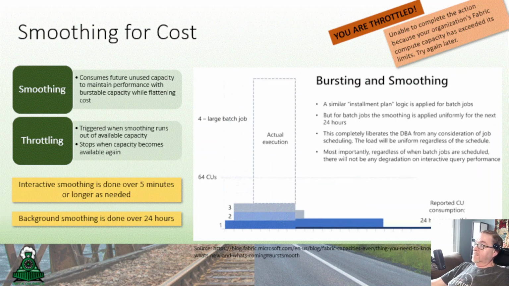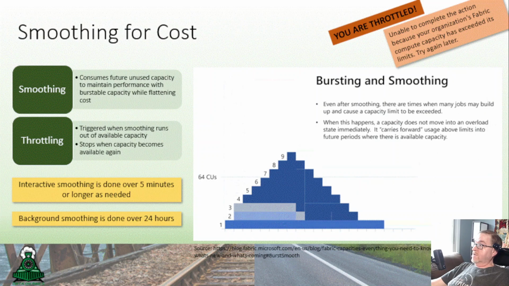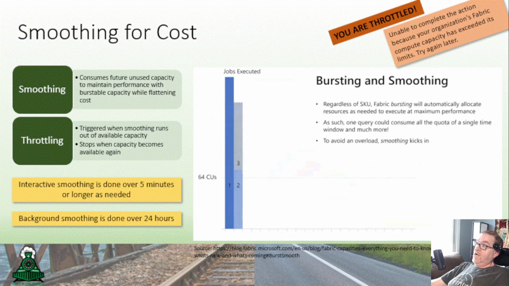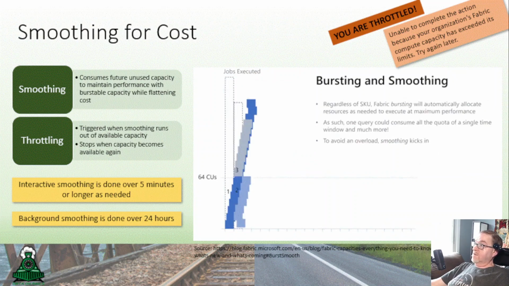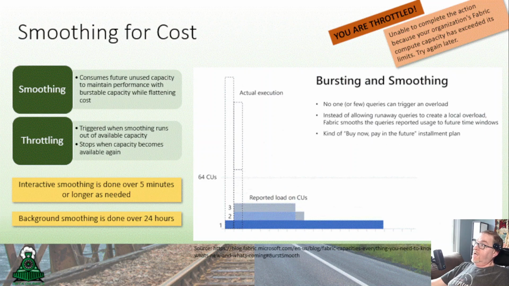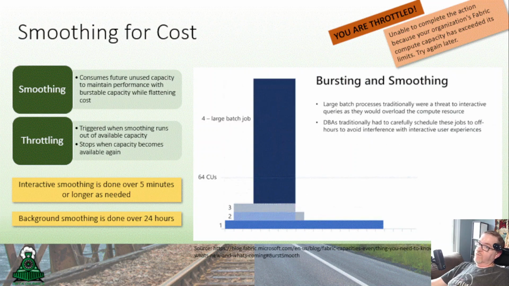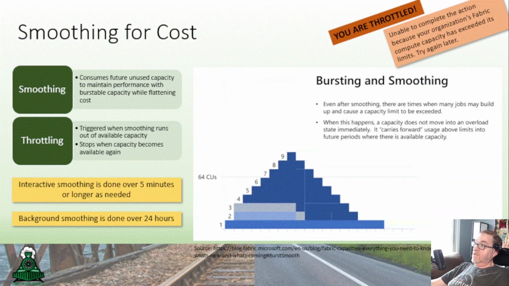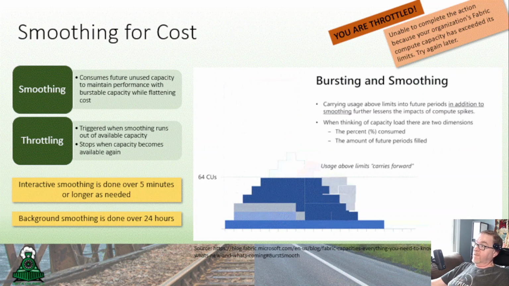Now keep in mind that a lot of Fabric, because Fabric is built in Azure, is a lot of minute by minute type calculations. So it's constantly bursting and smoothing over time. You'll need to look at capacity management reporting in order to understand what Microsoft is doing to support your workloads.